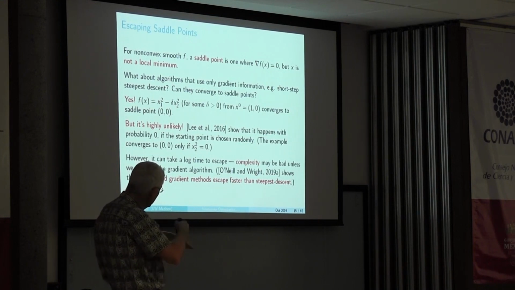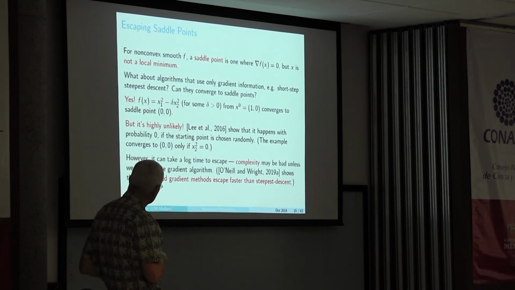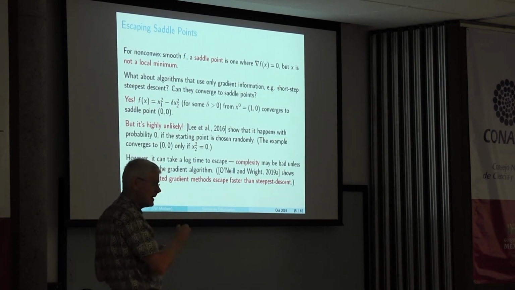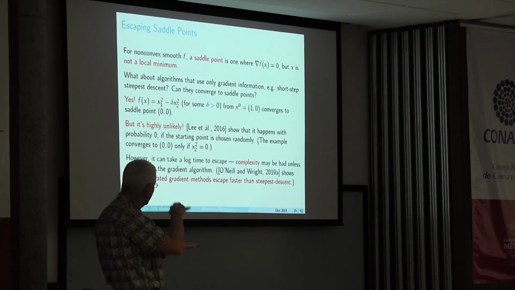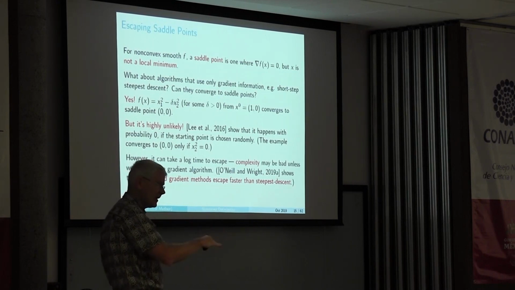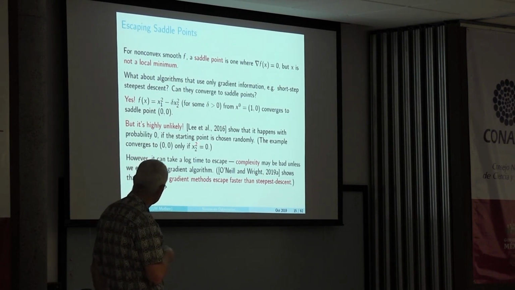You have to start at a very special set of starting points on a low-dimensional manifold. You can see that even here. If you just choose a random x naught, the chance of it being right on the x1 axis is 0.